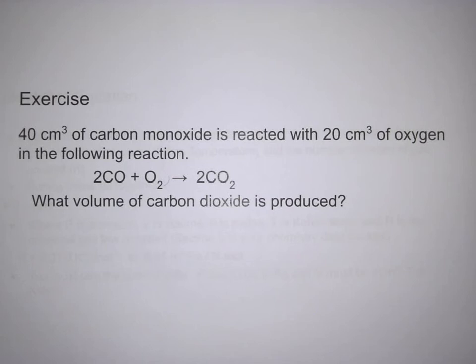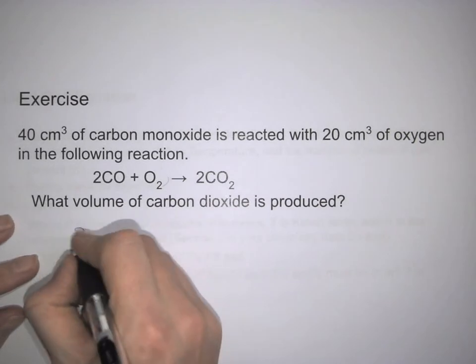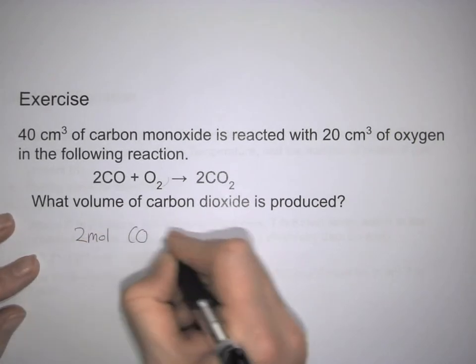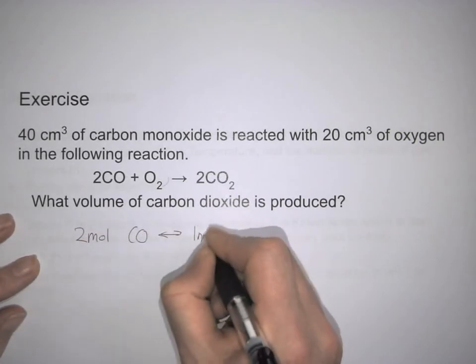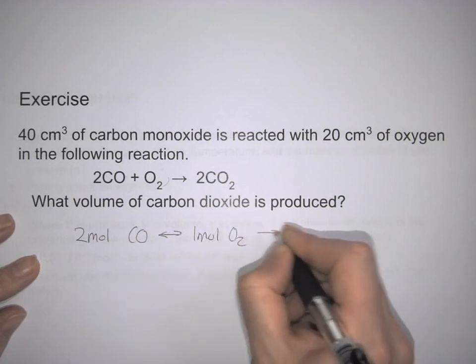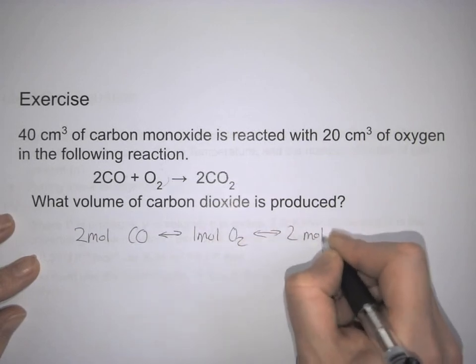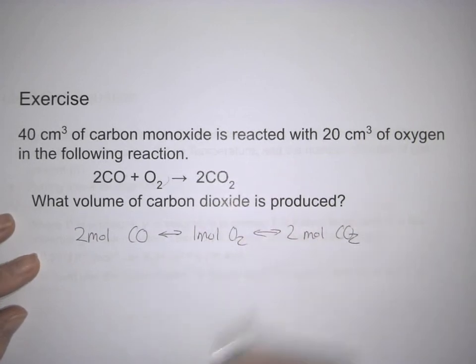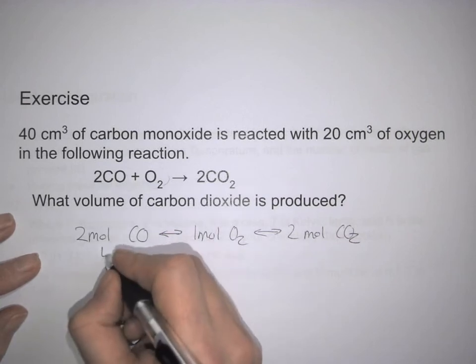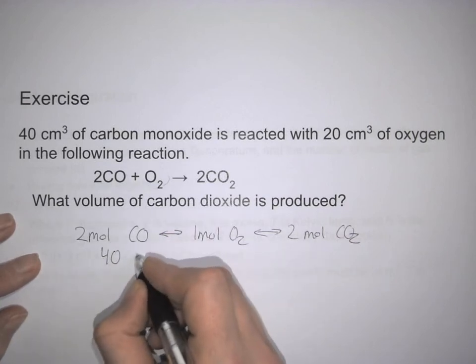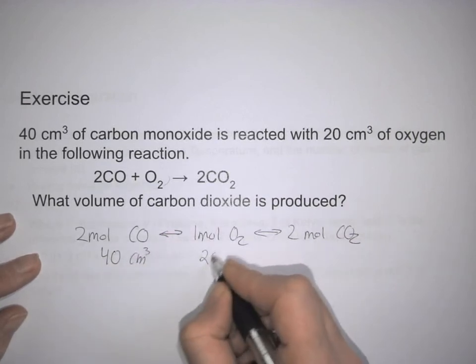In this case we can use Avogadro's law, and we just state the mole ratio. We can see that 2 mole of carbon monoxide is equal to 1 mole of oxygen, that is equal to 2 mole of carbon dioxide. We know we have 40 of this, and we know we have 20 of this.